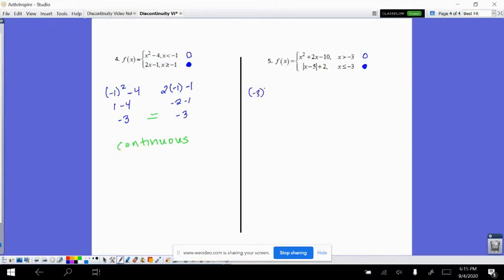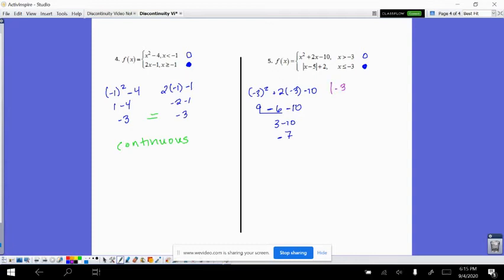So remembering PEMDAS, we're going to plug in -3 and evaluate for the quadratic function. 9, -6 minus 10, 3 minus 10. So that graph stops at a y value of -7. Looking at our other graph, absolute value, remember those operate like parentheses.